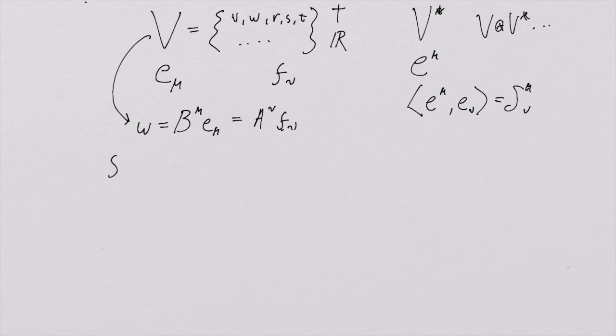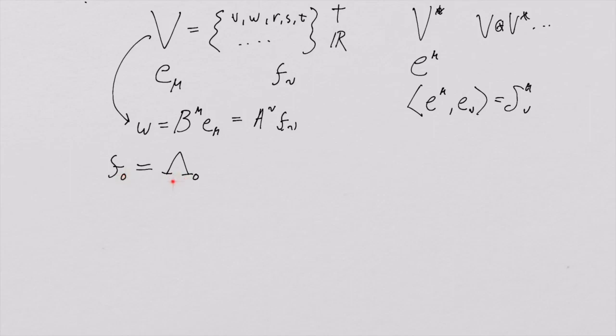I'm going to write that F sub 0, the first vector inside the second basis, is going to be given a coefficient, and this 0 here is there to reference this 0 here.